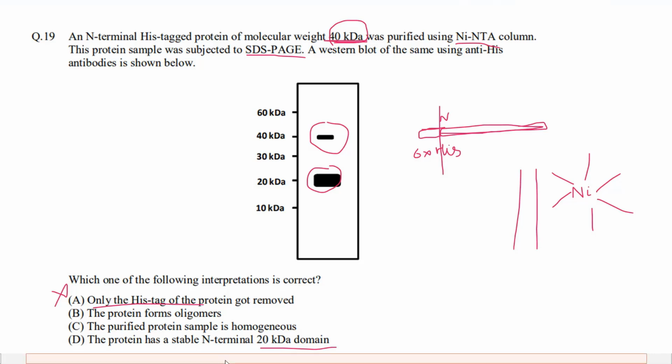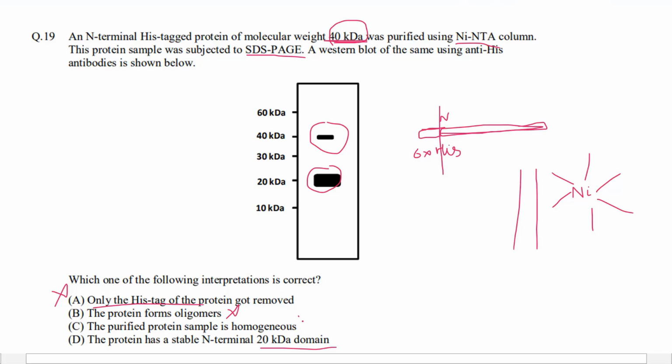So oligomer is out of question. If the option said the protein forms a dimer, then it would have been correct. The purified protein sample is homogeneous: if it were homogeneous, we would have gotten a single band, which is not the case. So this is also false.